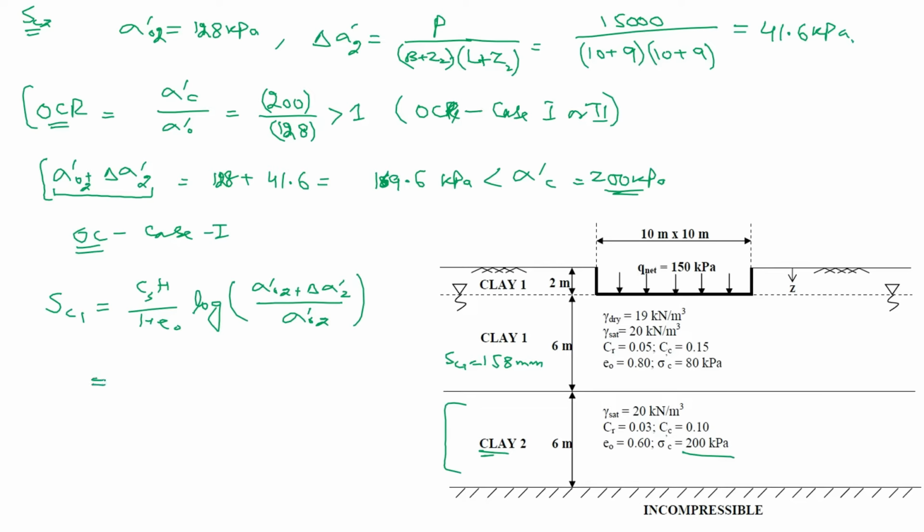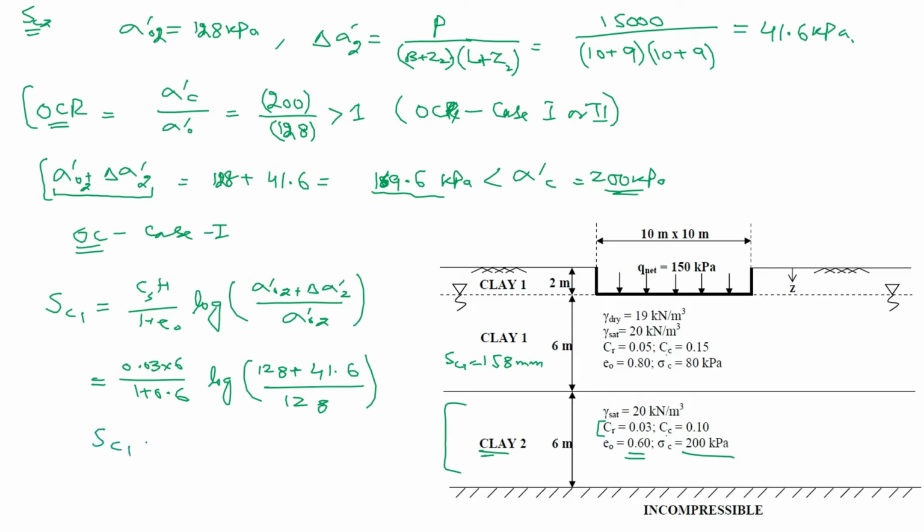So if we put the values, CS for lower layer, remember to find the values for lower layer. 0.03 times h, height of layer is 6 meter, times 1 plus 0.6, E naught for lower layer is 0.6, log of what is sigma dash 2, that is 128 plus delta sigma 2 is 41.6. We have calculated the summation 169.6 and sigma dash 2 is this one.